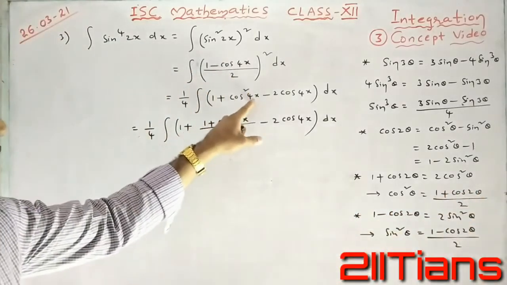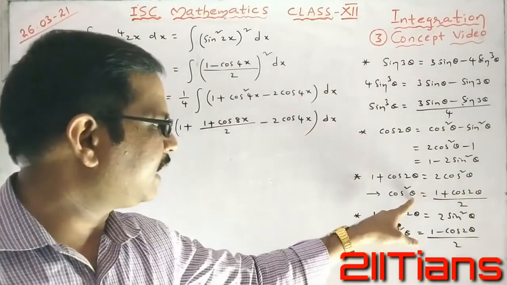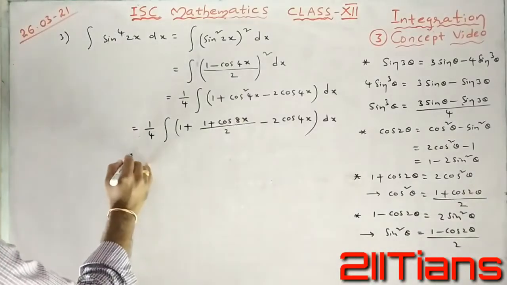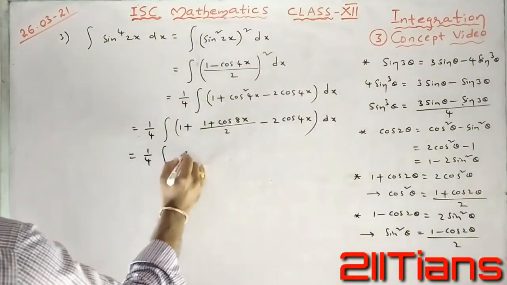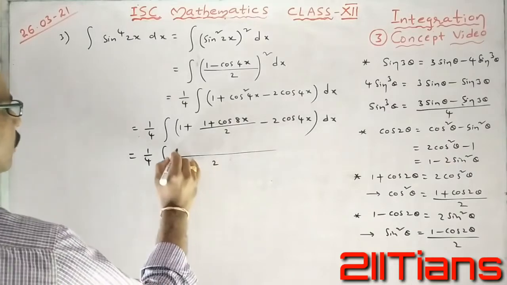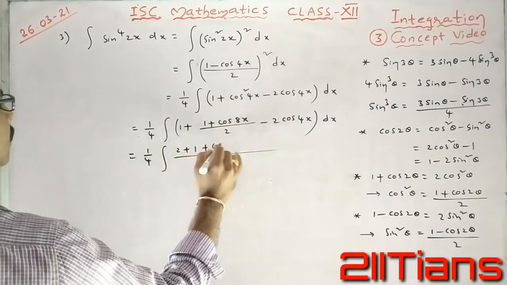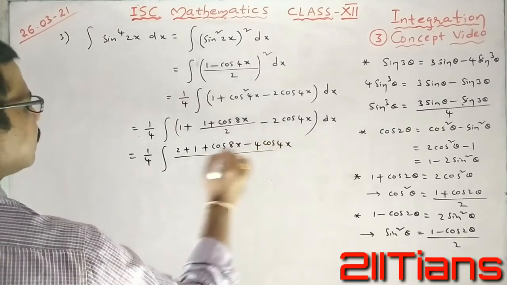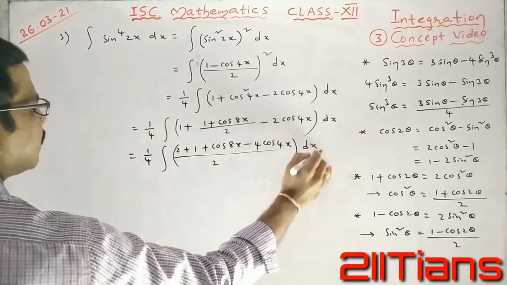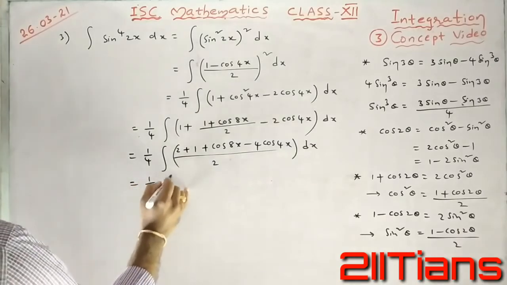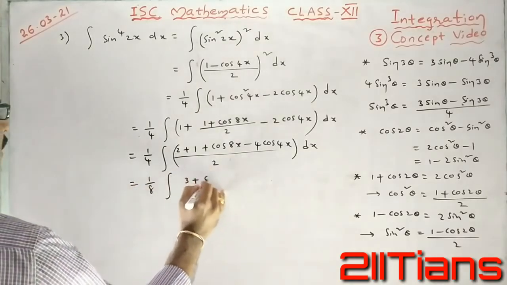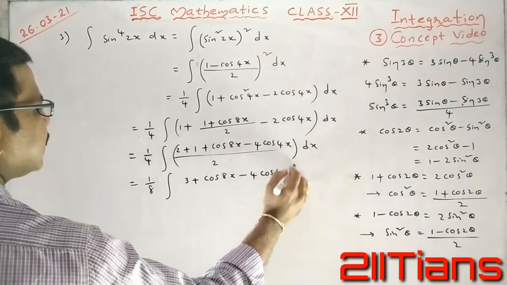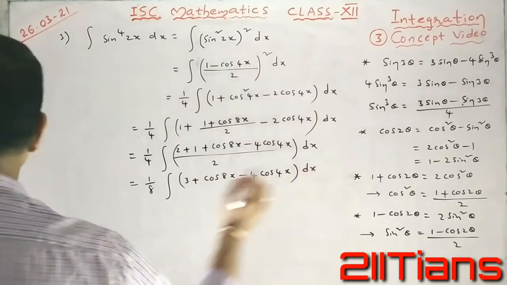I want cos square 4x. So in the place of theta keep 4x. 2 times 4x means we will get 8x. Take LCM, 2. 2 plus 1 plus cos 8x minus 4 cos 4x dx. 1 by 8 integral 3 plus cos 8x minus 4 cos 4x dx. Okay?